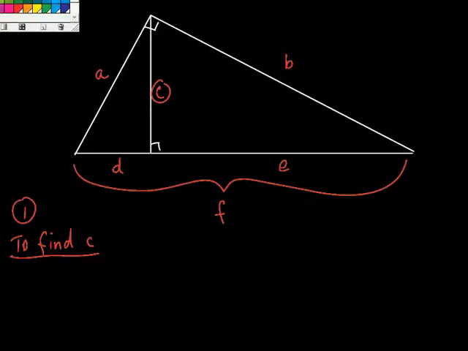Now, I'm not really caring that you know why we set it up. I could explain it to you, but you probably wouldn't care. All you want to know is how to do this thing. So I'm going to show you how to do this thing. What the theorem says is C, this altitude right here, is a geometric mean.